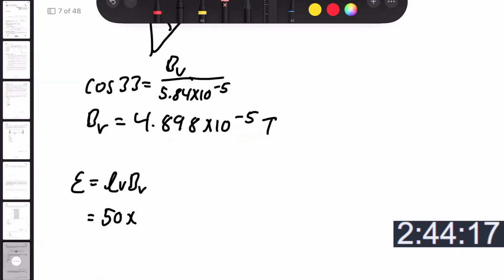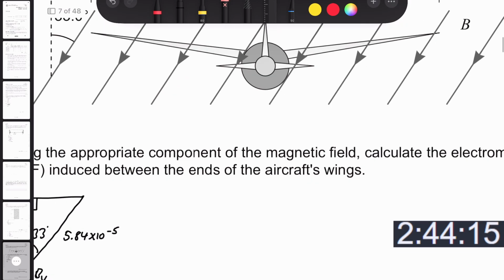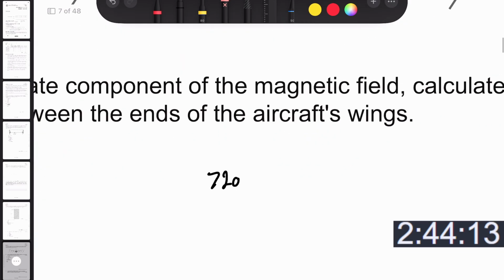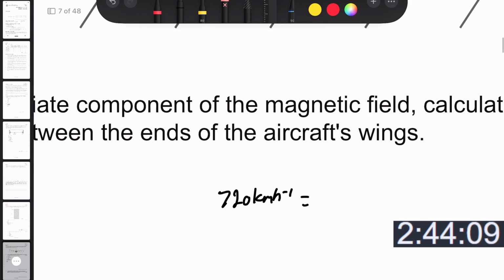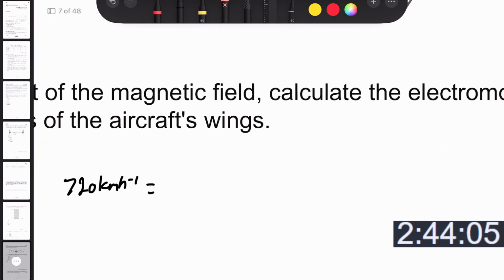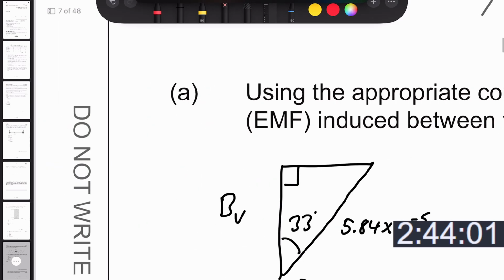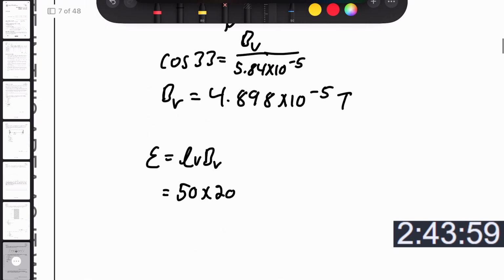Let's do 720 kilometers per hour, which equals 720,000 meters divided by 60 divided by 60, so 200 meters per second. So 50 times 200 times 4.89 times 10 to the negative 5.